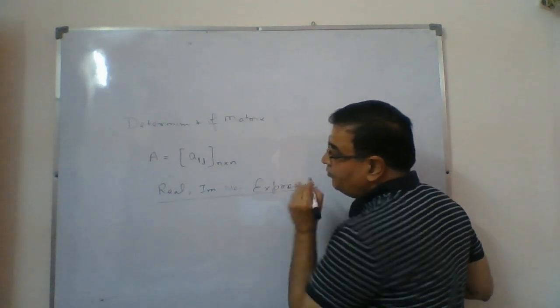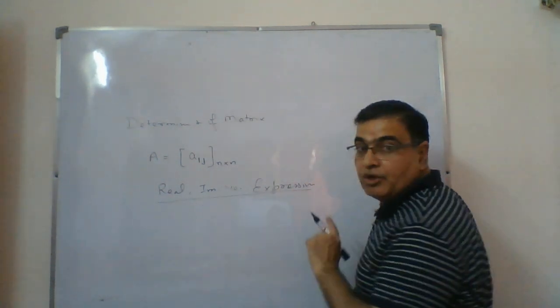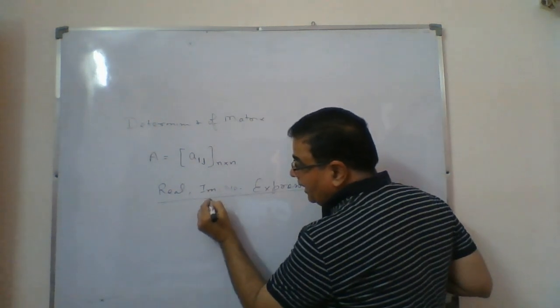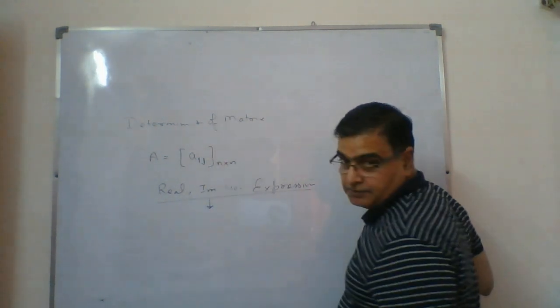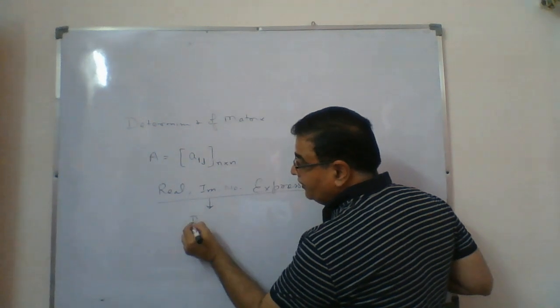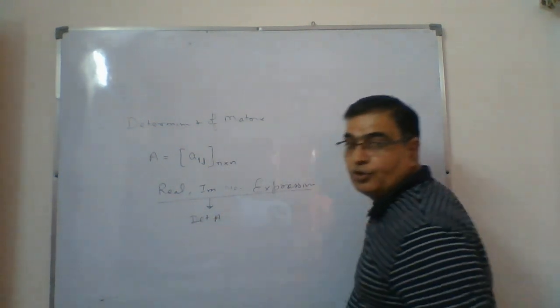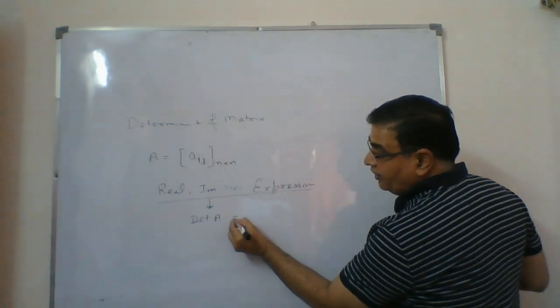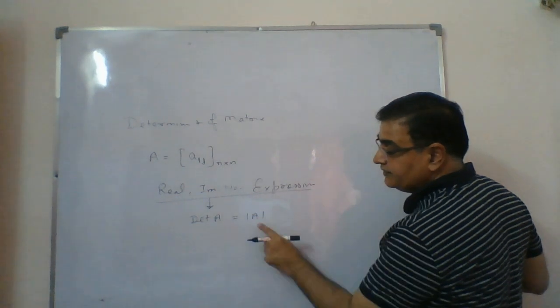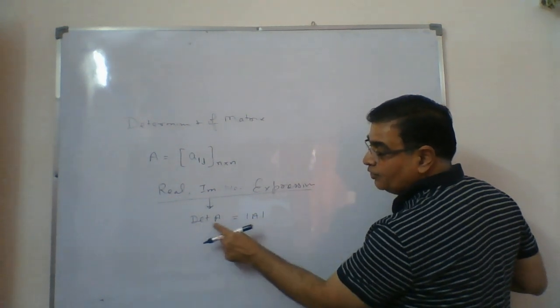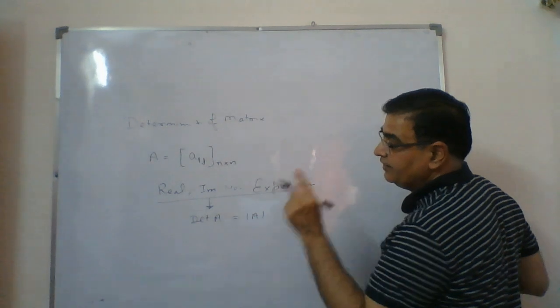Whatever this real number, imaginary number or expression we get for this matrix is called the determinant of A, denoted by determinant A. Either you write this or this is the symbol we have for determinant A.